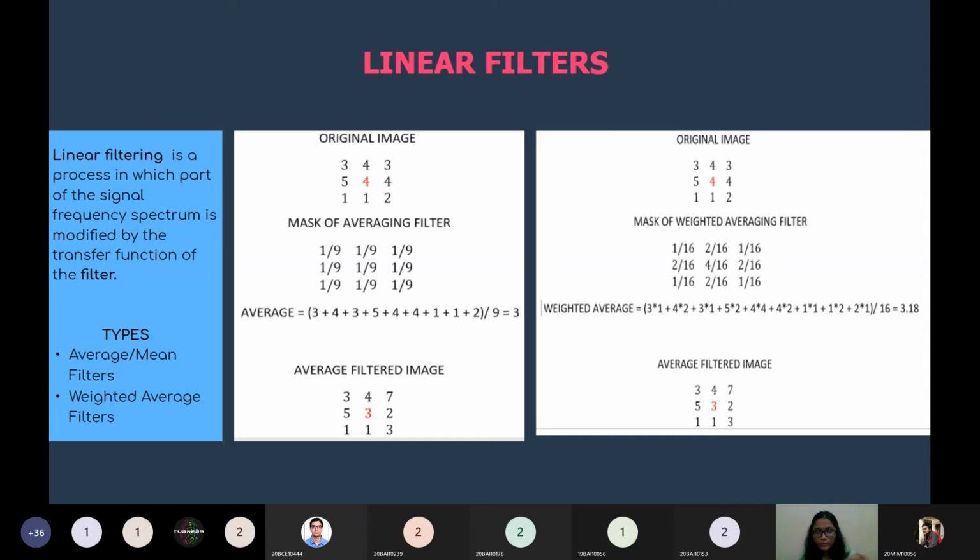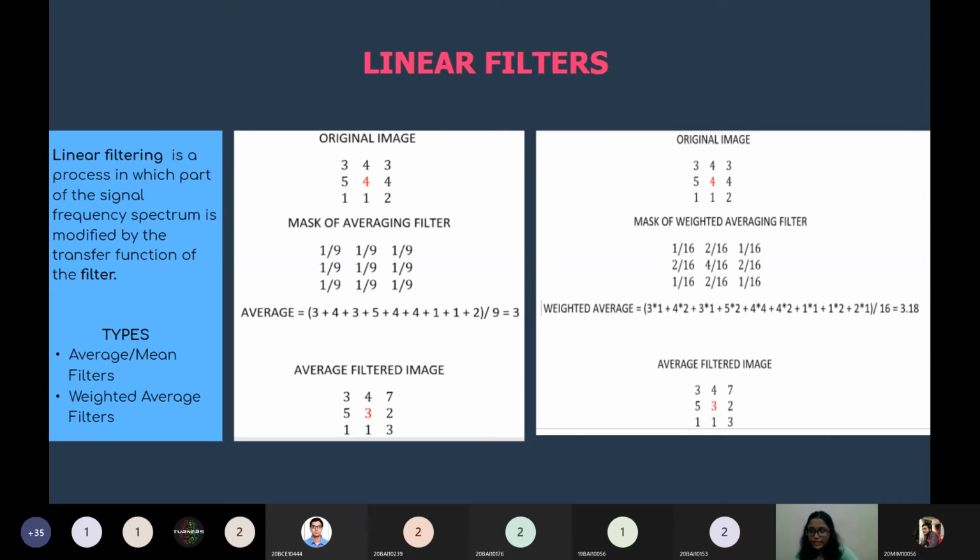So similarly, all these values are added, and at the end you're going to obtain one single number. So that single number that you obtain is your output image's pixel value. So then you will replace the centermost pixel value with this value, like 4 over here is replaced with 3. Now from where did we get this 3? We got this 3 from the average filter.